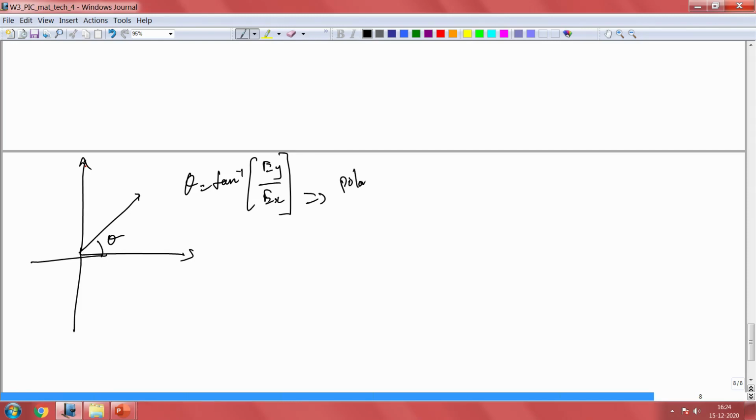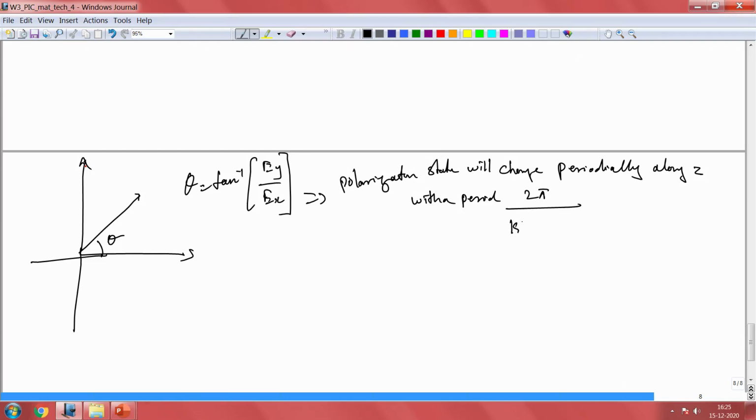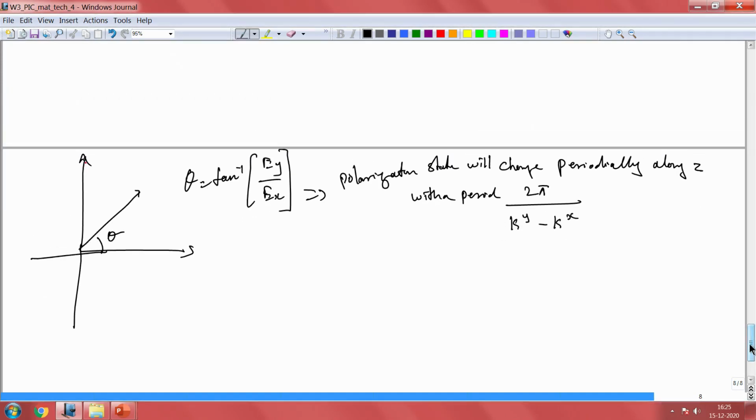So, the polarization state will change periodically along z, and that periodicity is with a period 2 pi over k y minus k x. So, this is an important understanding from an anisotropic medium that is affecting the polarization of light, alright.